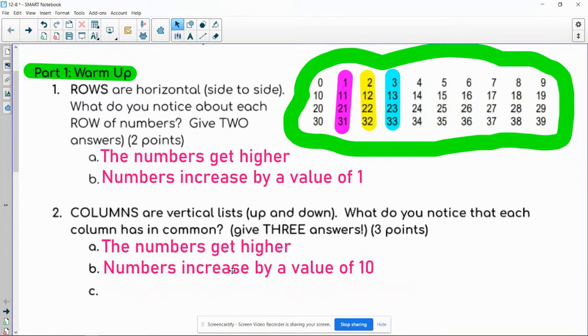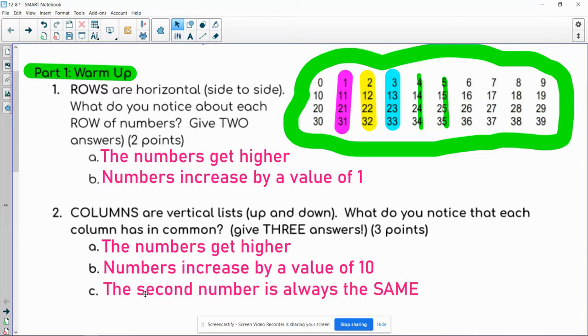And then when I was trying to find a third one, it was kind of hard. It was kind of a stretch. But what I said for the third one is that the second number in the columns is always the same vertically.